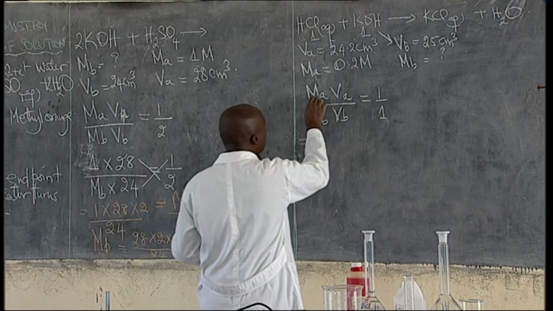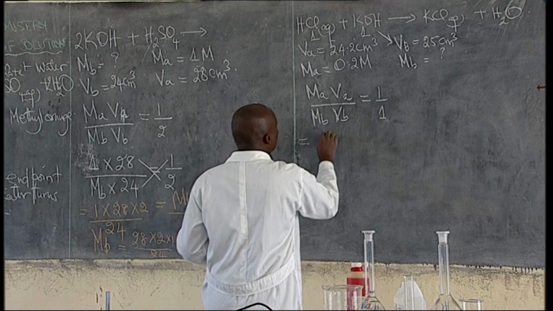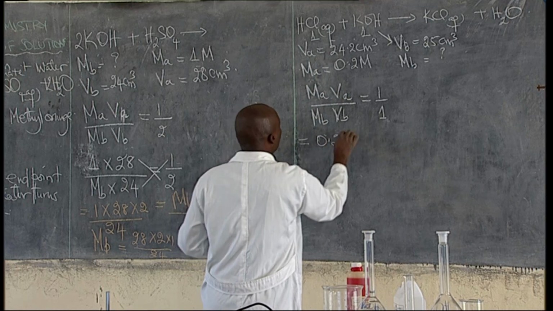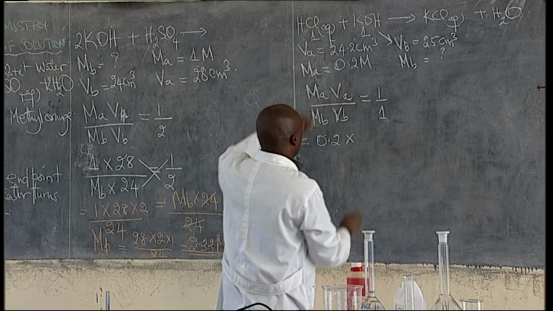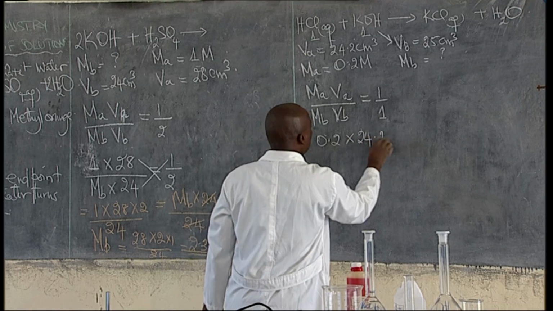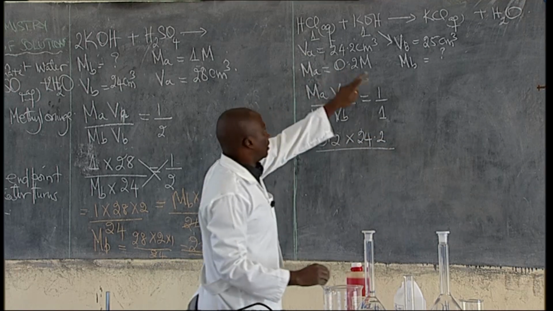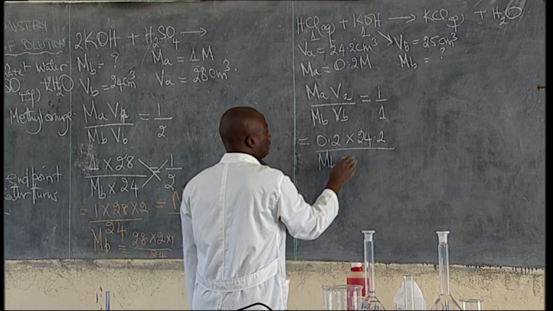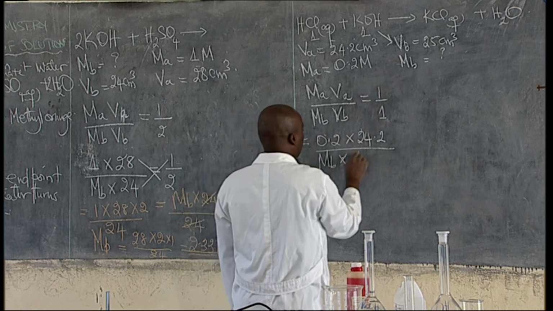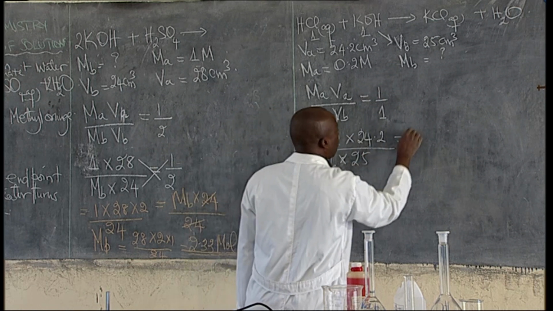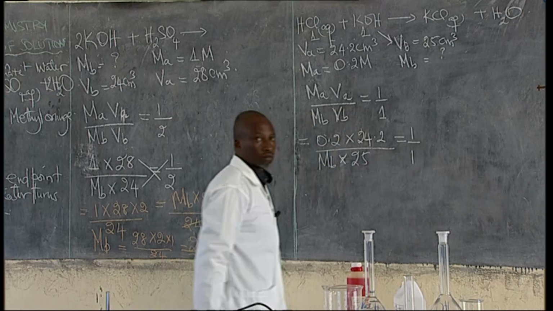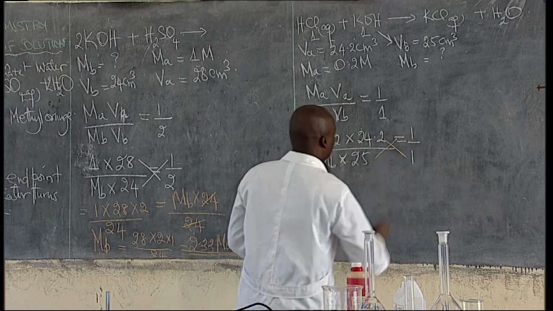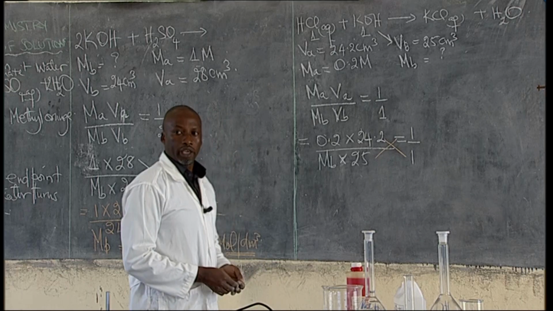So this will be molarity of the acid, 0.2, times the volume of the acid, 24.2, over molarity of the base, that is what is asked, times volume of the base, 25, 1 to 1. Cross multiply. What do you get?